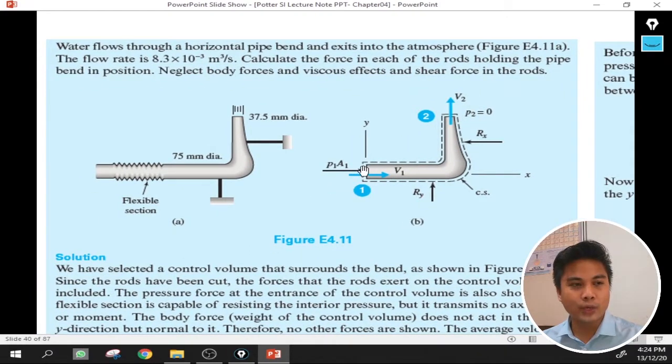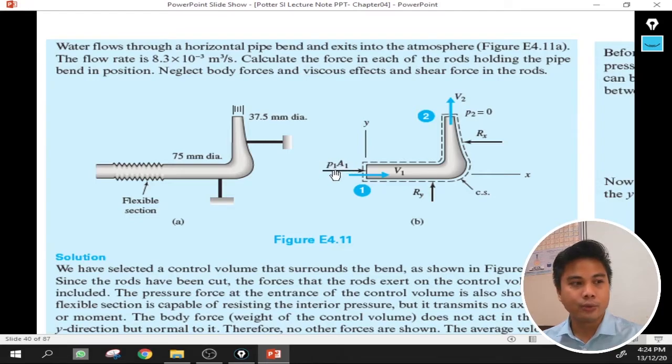Once we define the control volume, definitely we have the hydrostatic force pointing to the system, pointing to the right. This exit is exposed to the atmosphere, so the pressure at 2 is equal to 0. You can see P2 equals 0.